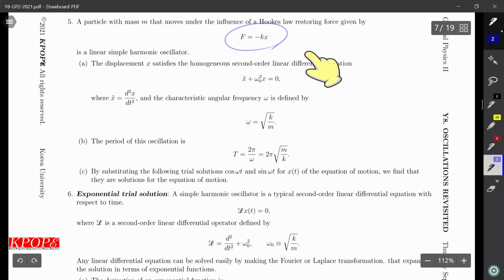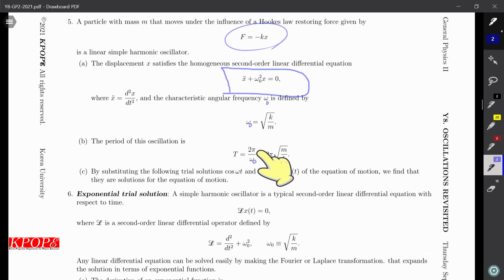After rescaling the equation by the mass of the particle, we find that x double dot plus omega squared x equals 0. Here, I have put omega for the angular frequency, so let me put omega 0 here. Yes, we need to use omega 0.